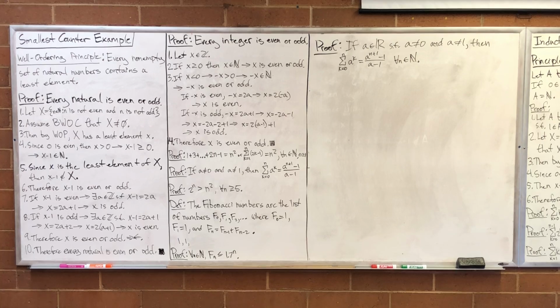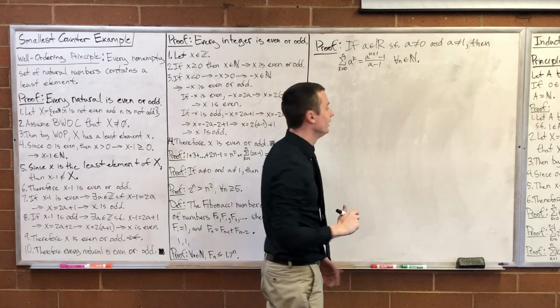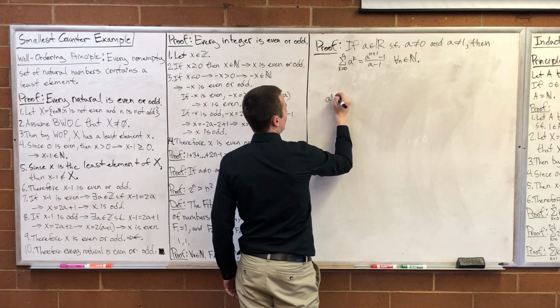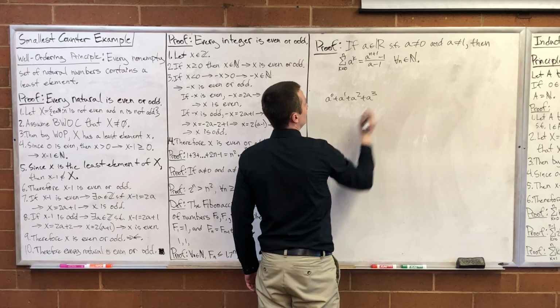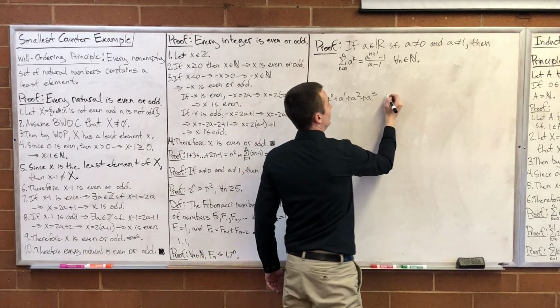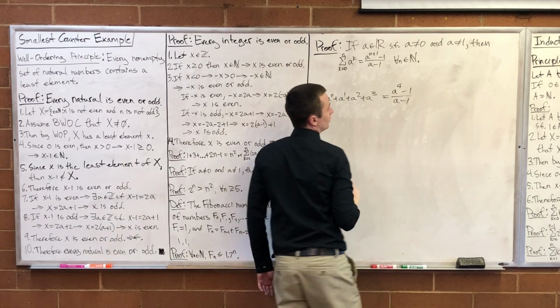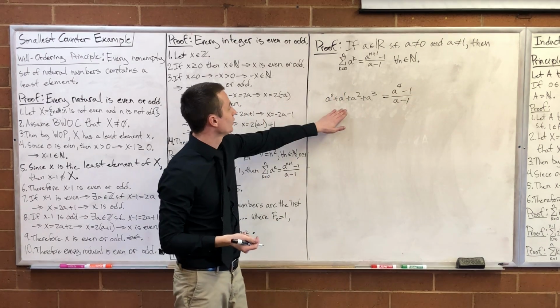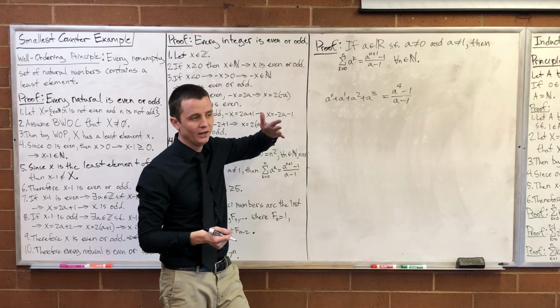You with me? So, a concrete example of what we're saying, in the case where n is 3: a to the 0 plus a to the 1 plus a to the 2 plus a to the 3 is equal to a to the 4 minus 1 over a minus 1. That's a concrete example of one of the cases we're proving. We're proving it's true for any natural number n that you pick.